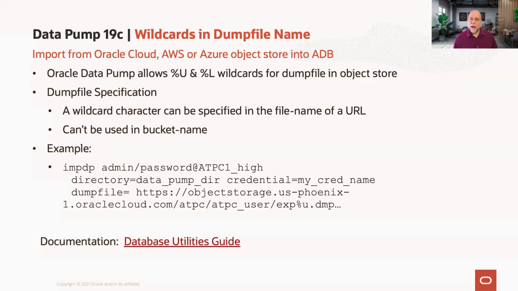So you can combine this with the filesize parameter. If you said filesize equals 10 gig and your database is a terabyte, you're going to get a lot of dump files, 100 plus dump files maybe, and that way you would be able to create them automatically without having to list the dump files.